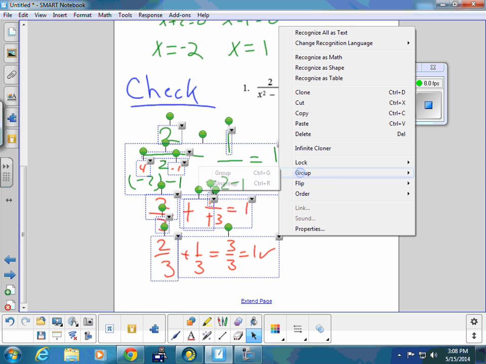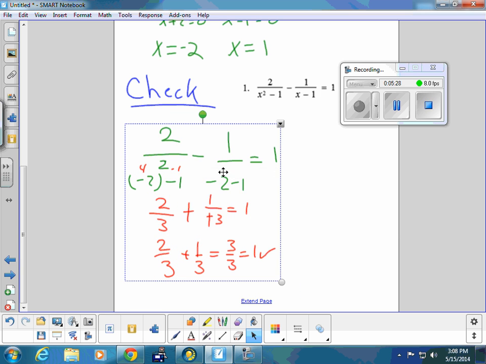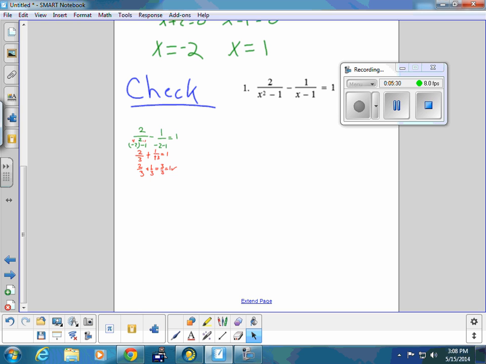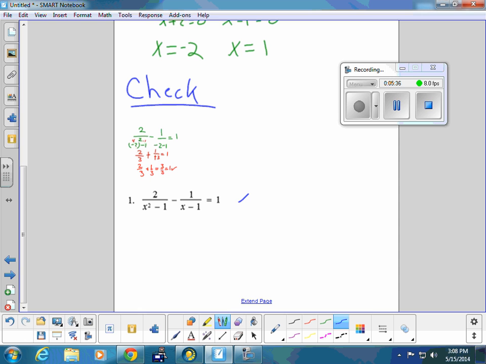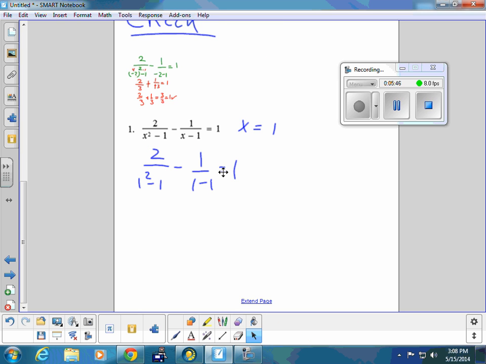We still have to check the other one. I'm checking the other one, and I'm going to put a 1 in now. I'm going to check x equals 1. And when you put the 1 in, you get 2 over 1 squared minus 1, minus 1 over 1 minus 1, equals 1. I'm sorry, not equals, minus 1.